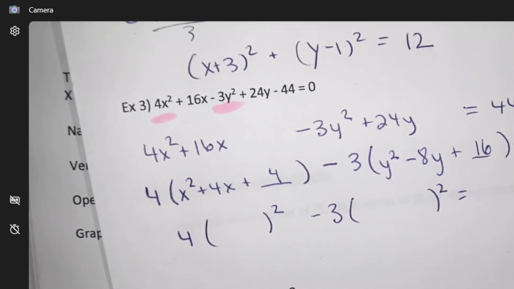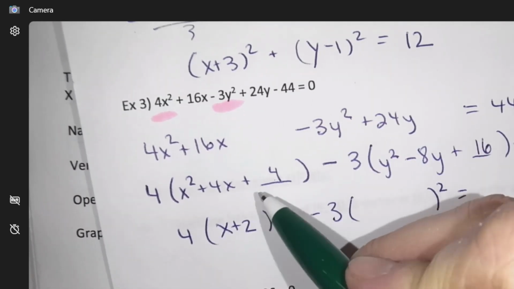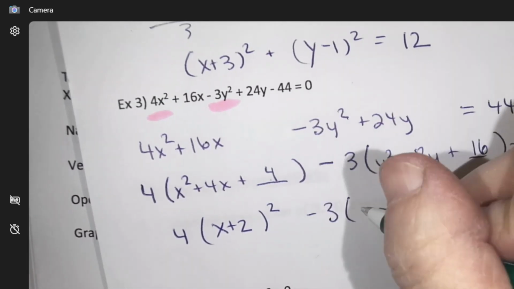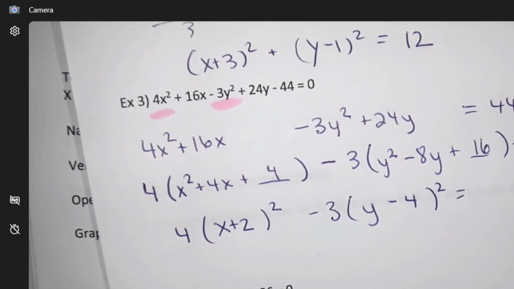Okay, now I'm going to turn them into perfect squares. So don't forget it's multiplying to the end and adding to the middle. Multiplies to the end, adds to the middle.